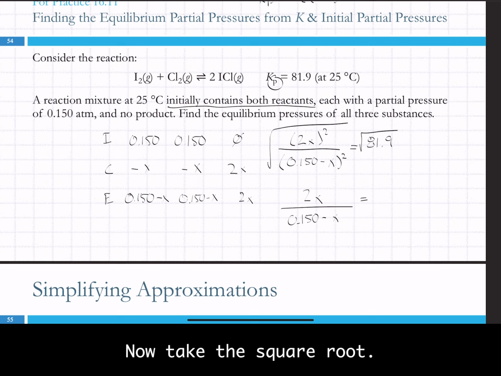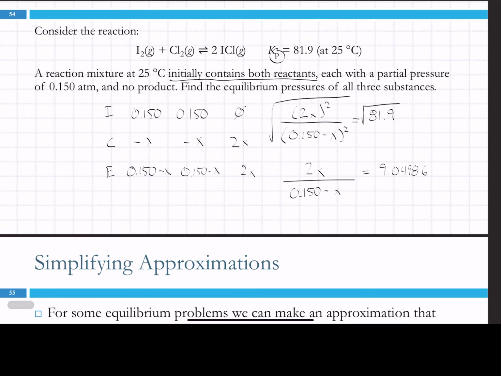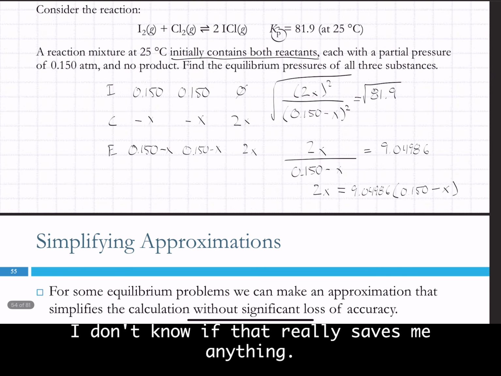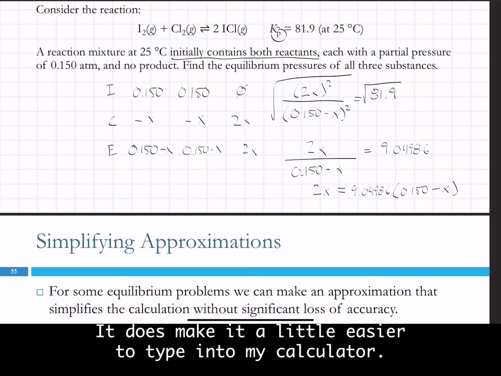I'm actually going to take the square root now. I don't know if that really saves me anything. It does make it a little easier to type into my calculator.